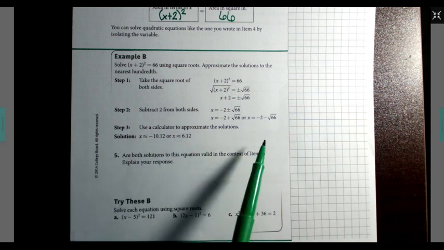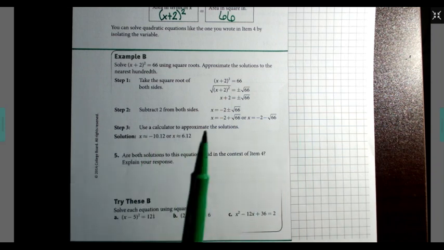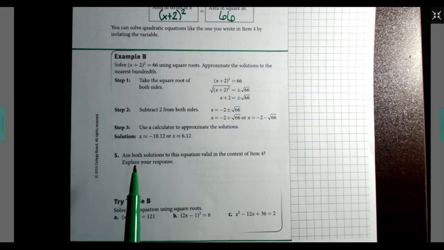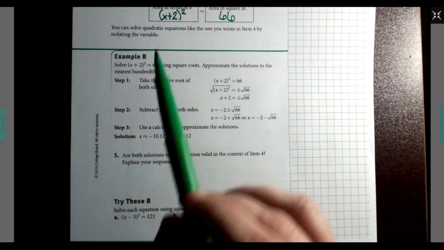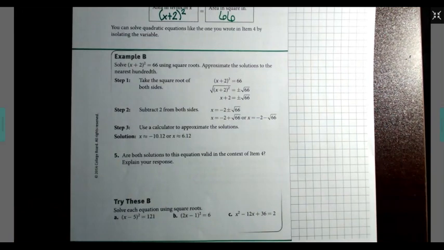Then they used the calculator to approximate these answers. Now, it says, are both solutions to this equation valid for the context of item 4? And explain your response. Now, we're still dealing with an outside edge of a box.